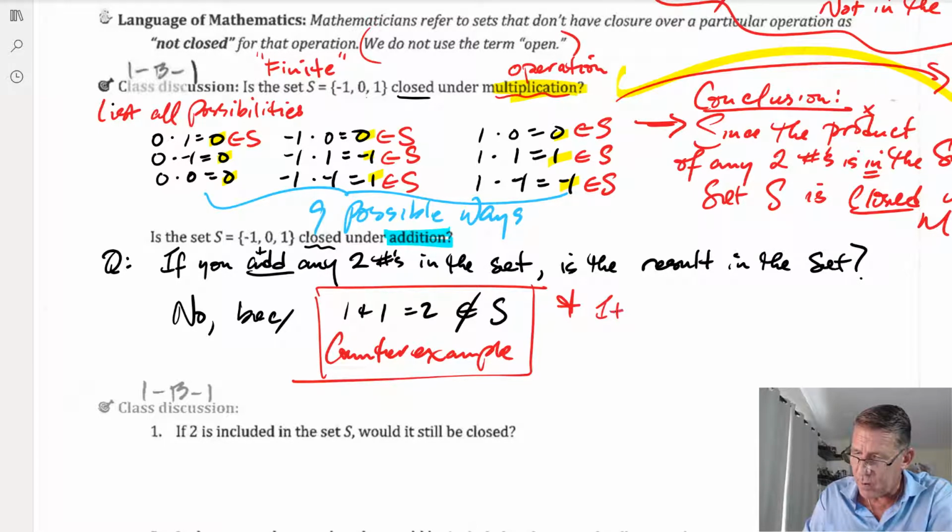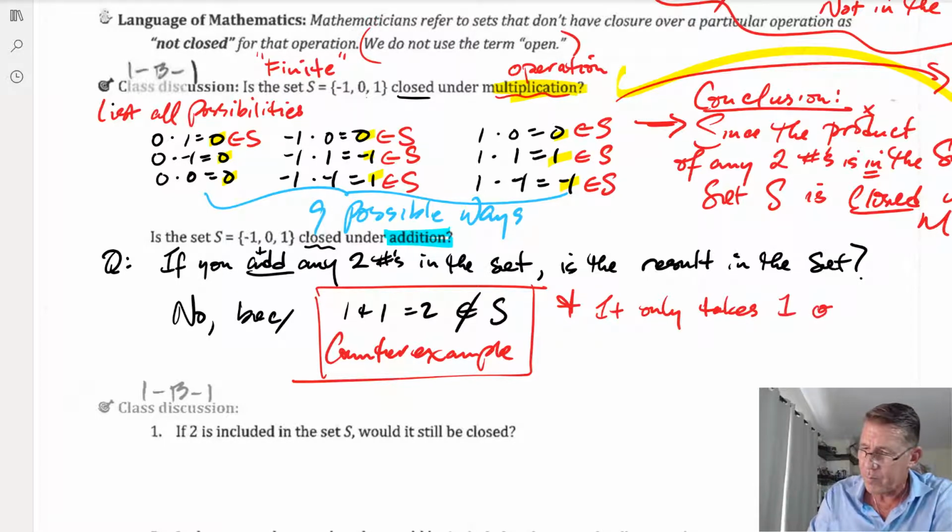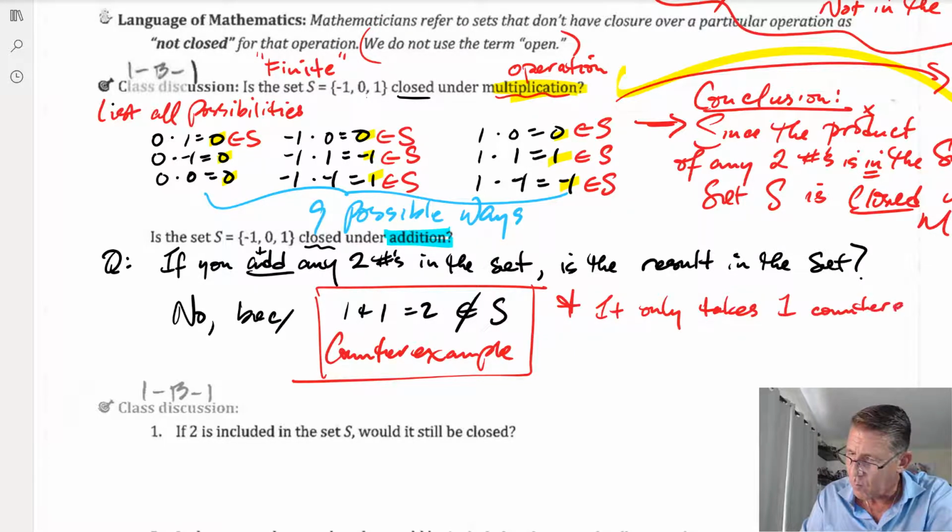It only takes 1 counterexample to show something that is false.